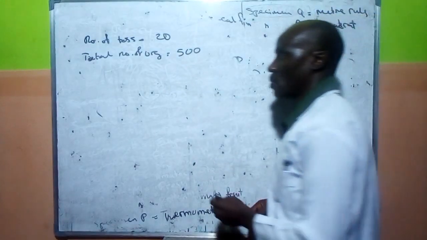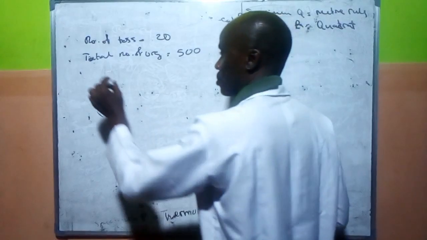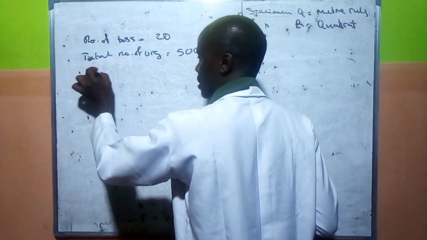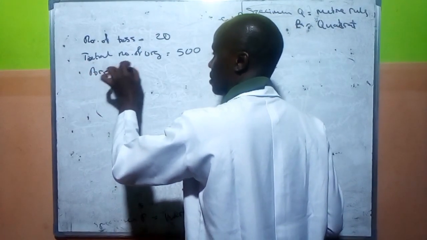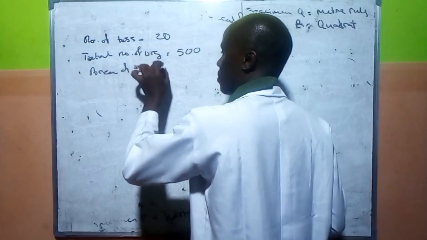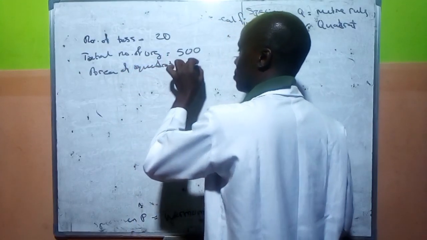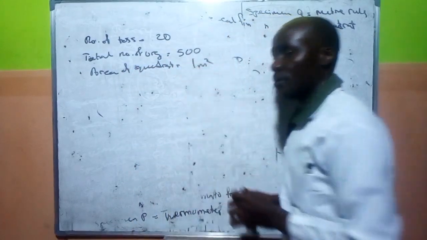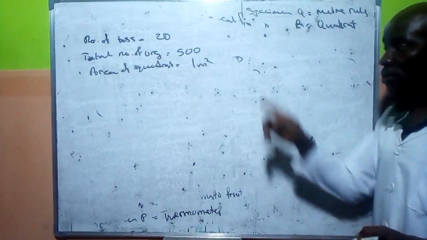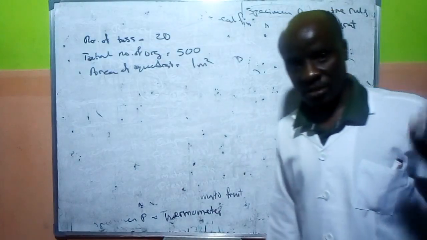Now we have the quadrats. The area of the quadrat we use here is 1 meter square. Now we can use it to calculate the population density.